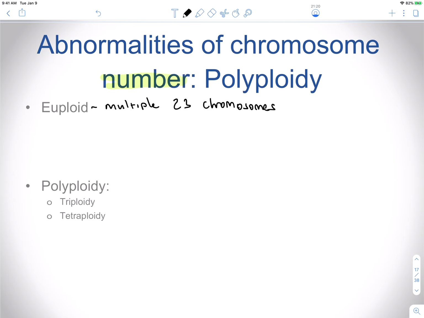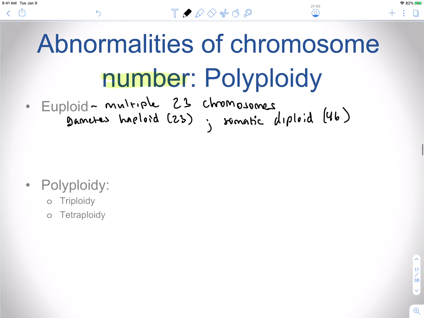A haploid, our gametes, are going to be 23, and our somatic cells are going to be diploid, 46. So this is normal.